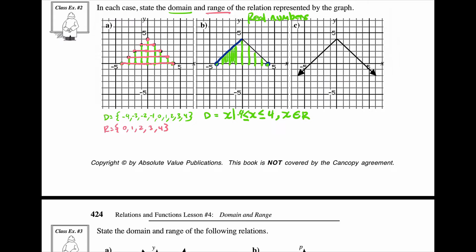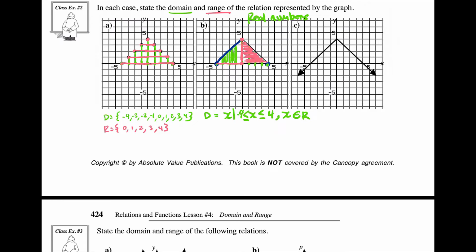Now let's take a look at the range. Well, if we look at the lowest value, it's going to be right here at the 0. And the highest value is up here at +4, and it's going to be everything in between, because I can basically go across and hit that line at infinite positions.